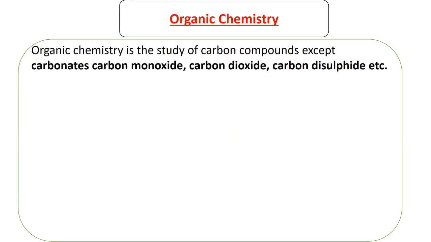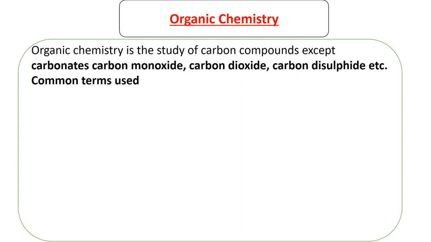So organic chemistry is simply the study of carbon compounds except carbonates, carbon monoxide, carbon dioxide, carbon disulfide, etc. So all carbon compounds other than these ones make up what is called organic chemistry.